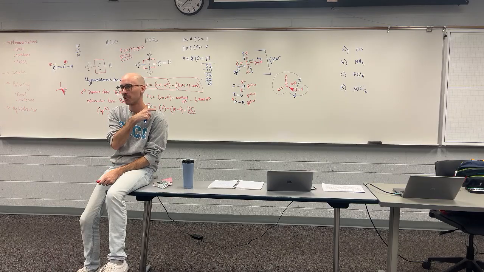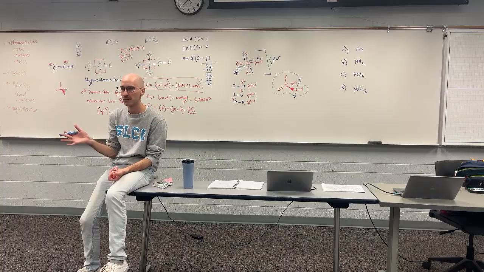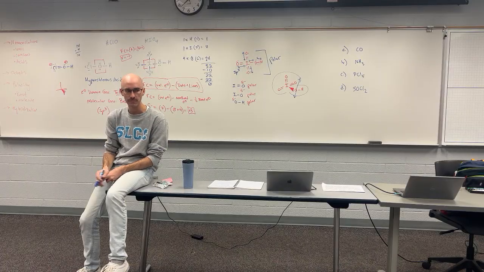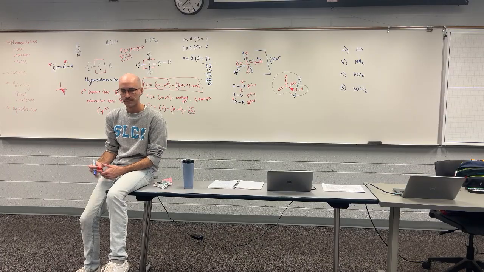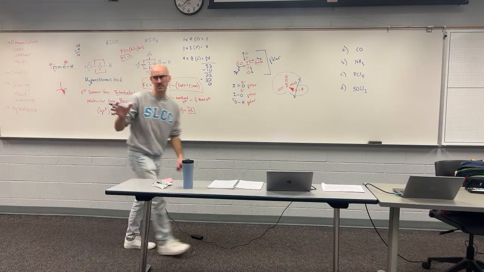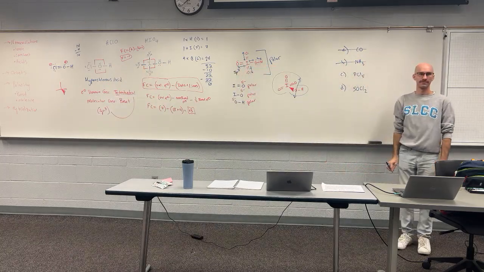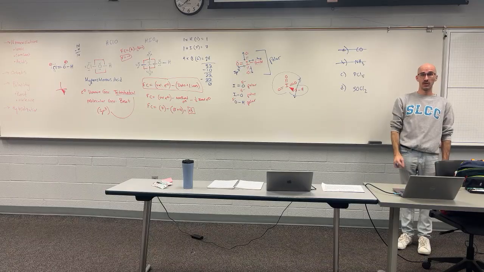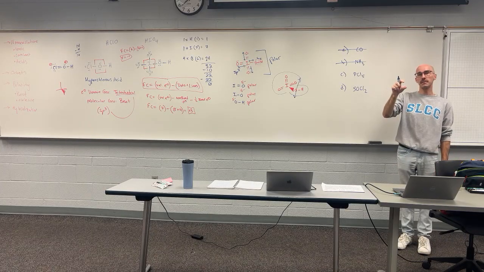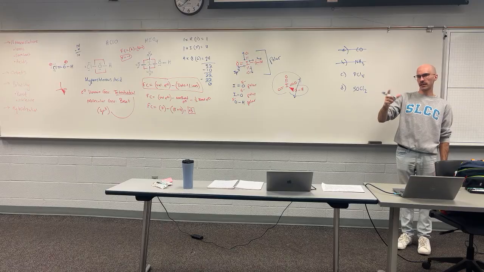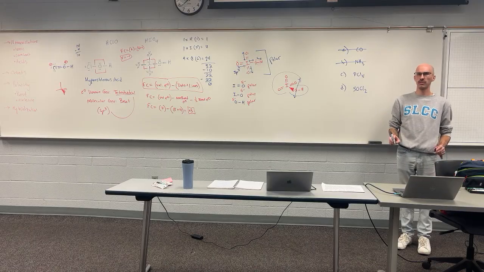That's the reason I took NO2 off as well, because that was just another example where you couldn't violate the octet rule. So I don't even need to spend time drawing carbon monoxide or ammonia. Does that make sense? Rule out the ones that you can as quickly as you can, and then spend more time on the compounds that you're more concerned about.